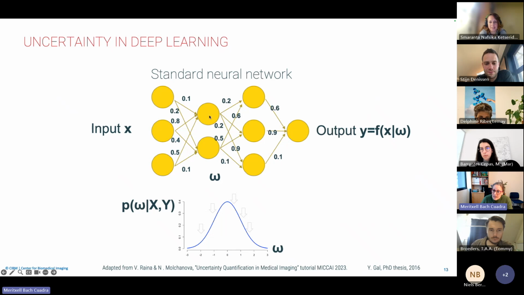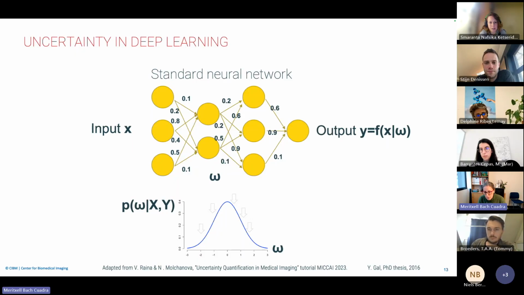So when you get only one output probability, you are just relying on one shot of weights. But in reality, you don't have one weight. You have a probability distribution of weights, right? And this is what actually creates a probability distribution in your outputs. In my case, is this a lesion or not, right?